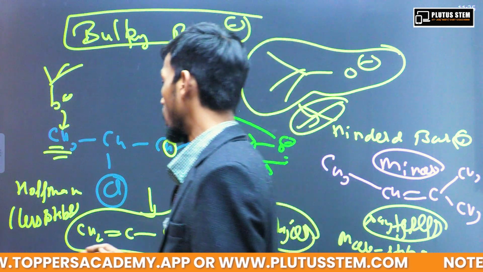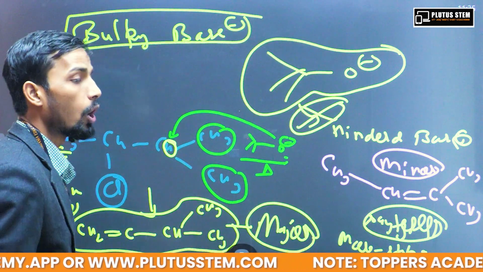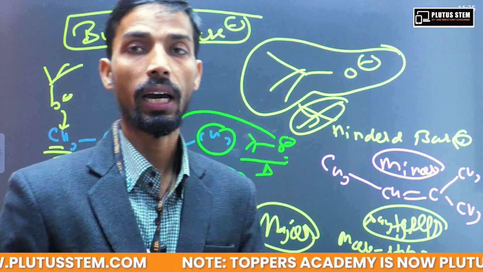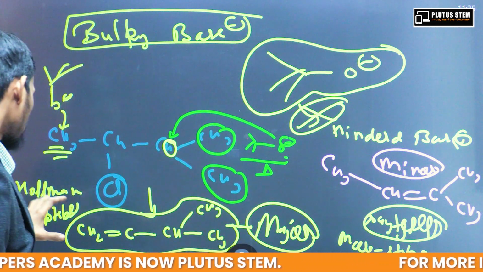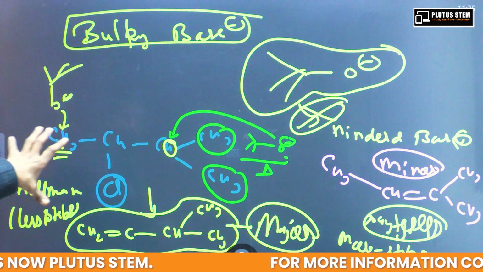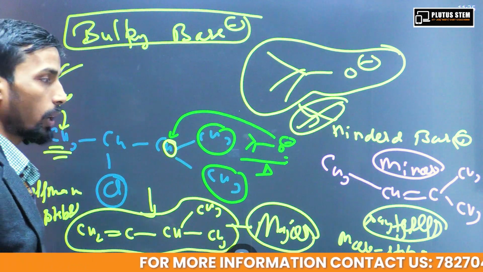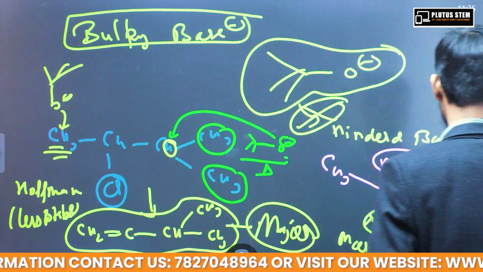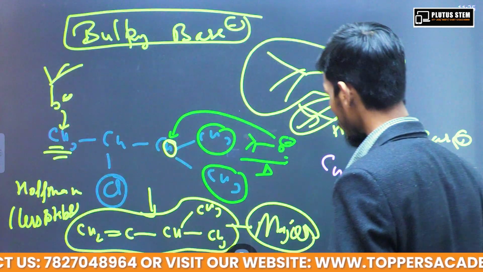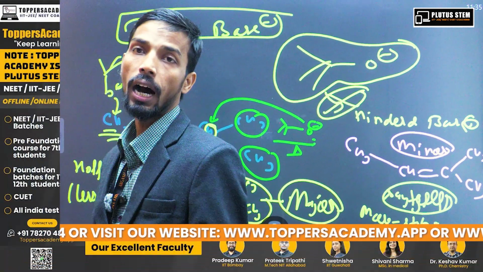I have also told you that sometimes we get Hofmann as the major product when we have a bulky base like alkoxide ion, like sodium alkoxide as we have seen. So this type of Hofmann can also give a major product. That is how these reactions are followed.